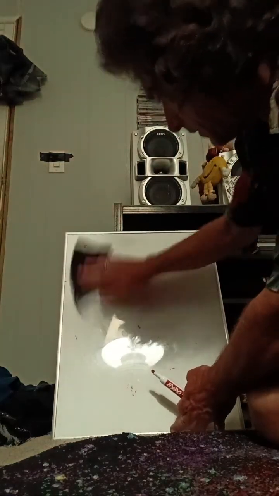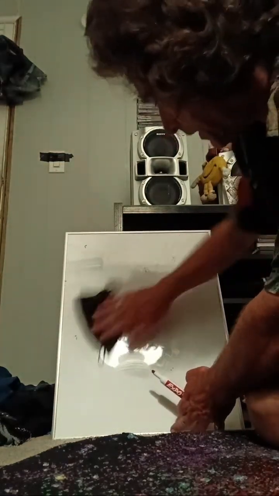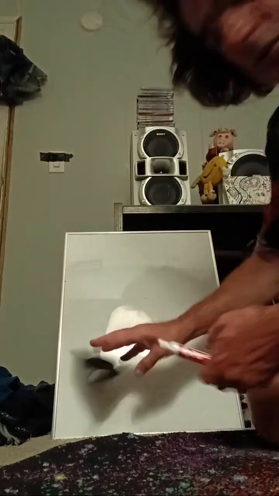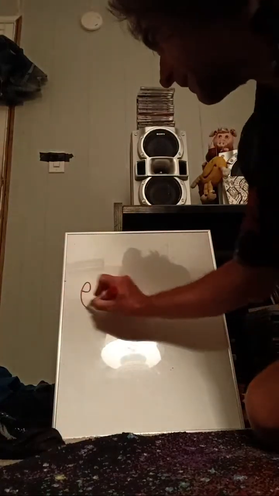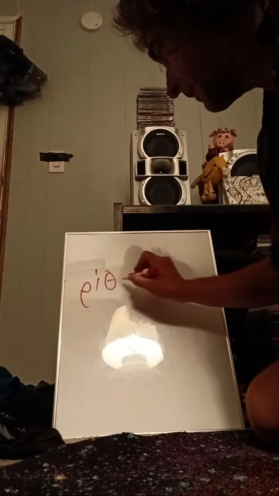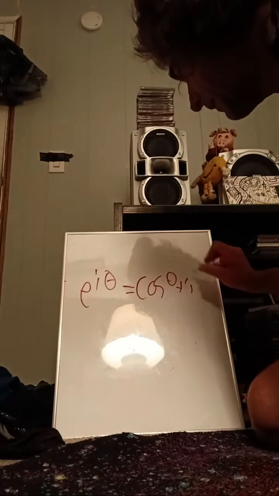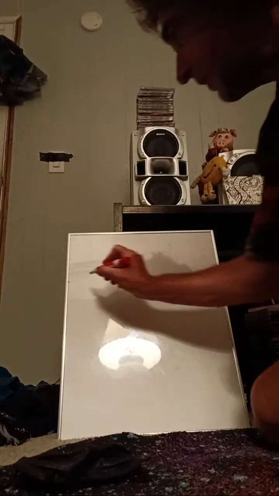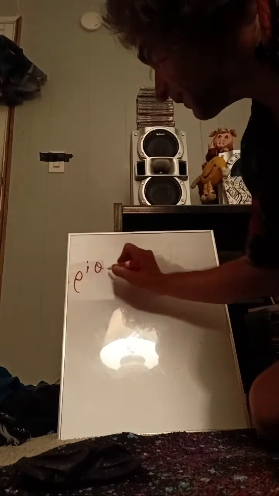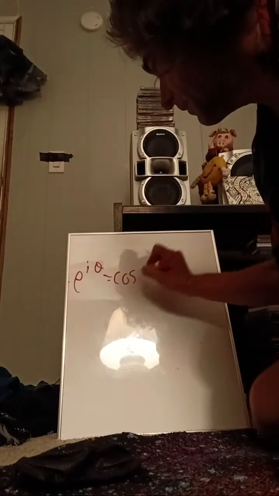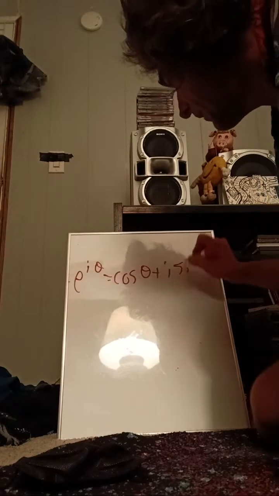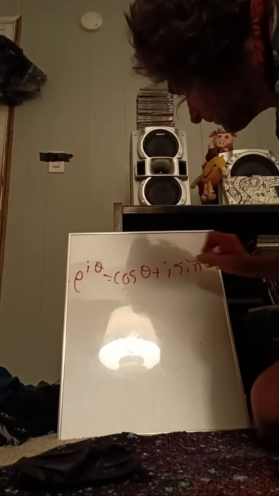Now I'm going to go into a formula that applies here. It's called Euler's Formula. Let me write it better, so you can see it all in one line. Okay, Euler's formula is e to the i theta equals cosine theta plus i sine theta.